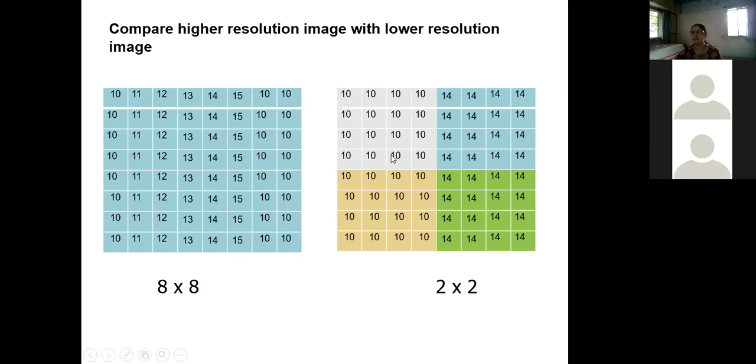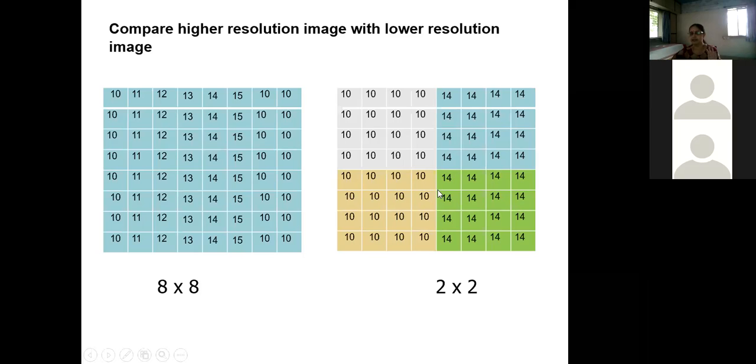So intermediate details are lost, and effectively this will look like a slightly blurred image, because the same value is replicated over a greater region.